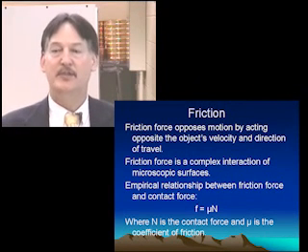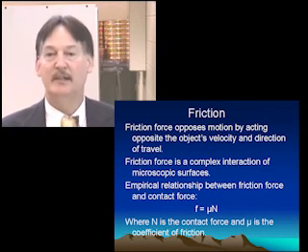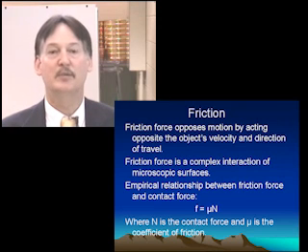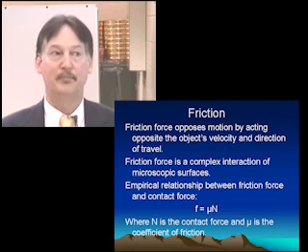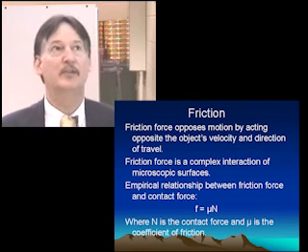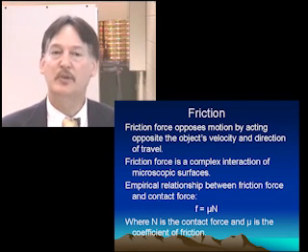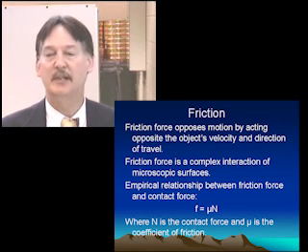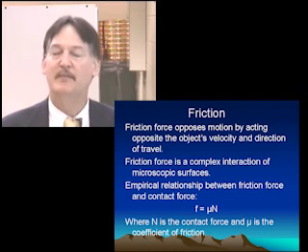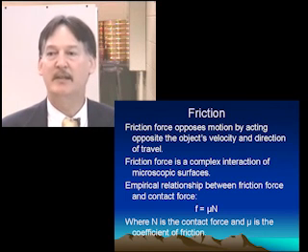Now, one of the forces that we can model very easily is the force of friction, and so we want to include that as another one of the forces that we're going to use in solving problems. Friction is a difficult force to quantify because it involves the interaction of microscopic irregularities in surfaces and micro-welding that occurs between surfaces that are in contact.